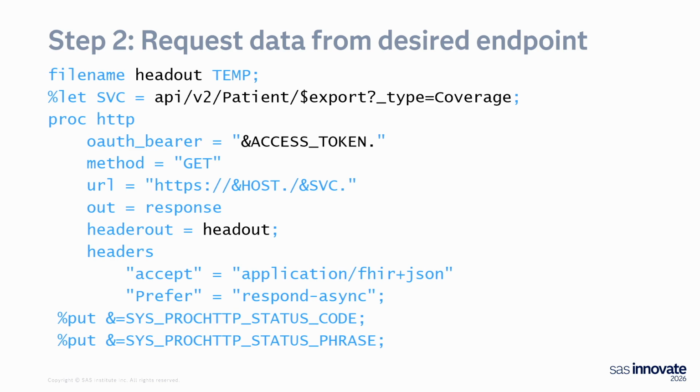So in this case, again, we'll use PROC HTTP. The URL looks remarkably the same. What's different is that instead of using basic authorization, we use OAuth_bearer, and in there we supply the access token that we got on the previous step.